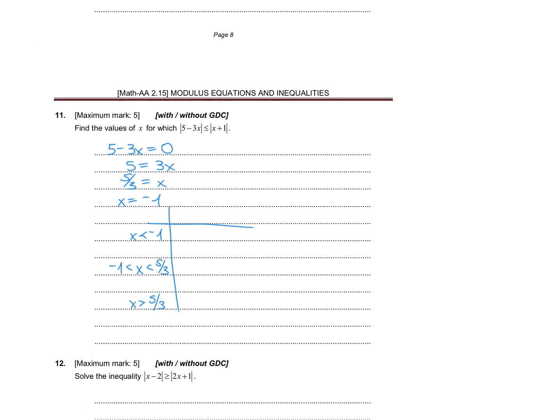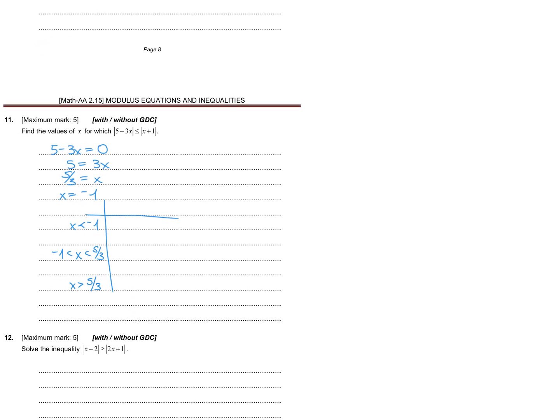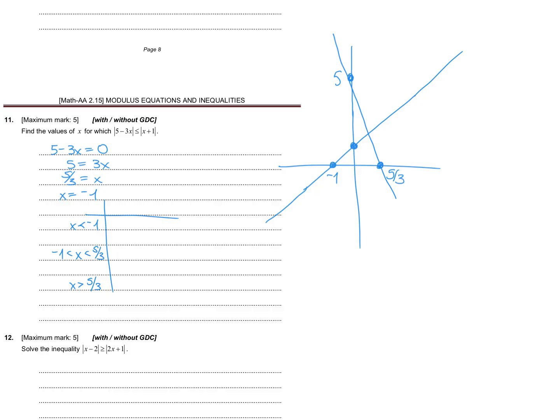So if we get a picture of what this graph is looking like, the x + 1 is looking like this because we have y-intercept 1 and gradient 1. And the 5 − 3x is going to be 5 up here, and then −3 is the gradient, so something like this where it intercepts at 5/3.